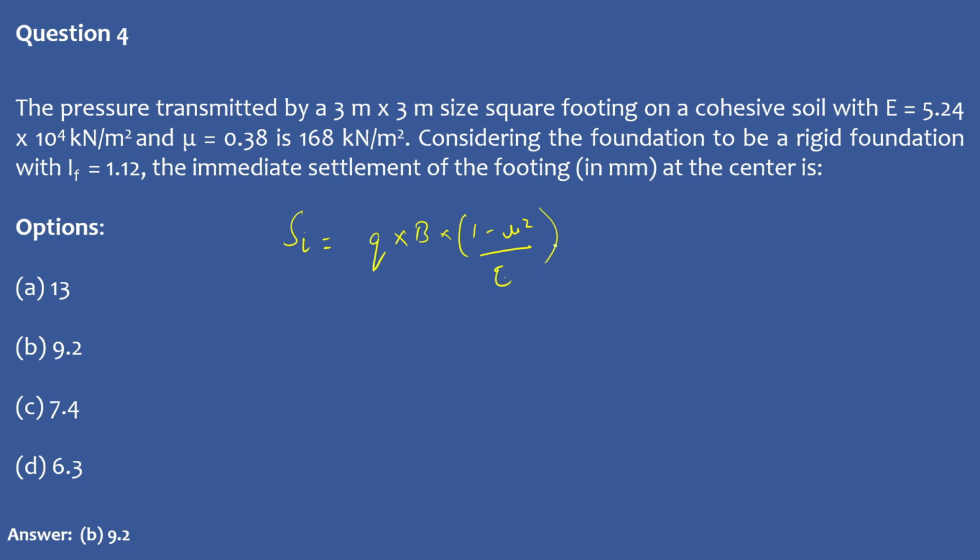So the intensity of load coming from the footing is given as 168 kN per meter square.